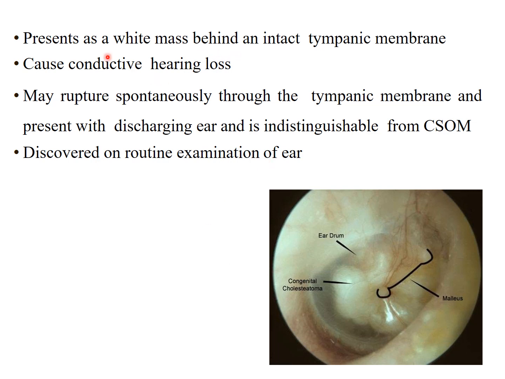As already mentioned, it presents as a white mass behind an intact tympanic membrane. So, a mass is there, so it will affect the conduction, causing conductive hearing loss. It may rupture spontaneously through the tympanic membrane and present with a discharging ear, and in such cases it will be indistinguishable from chronic suppurative otitis media. It can be discovered on routine examination of the ear.